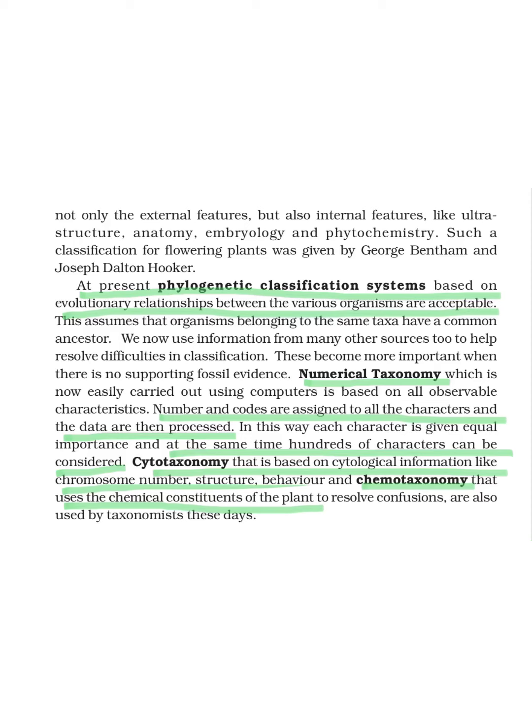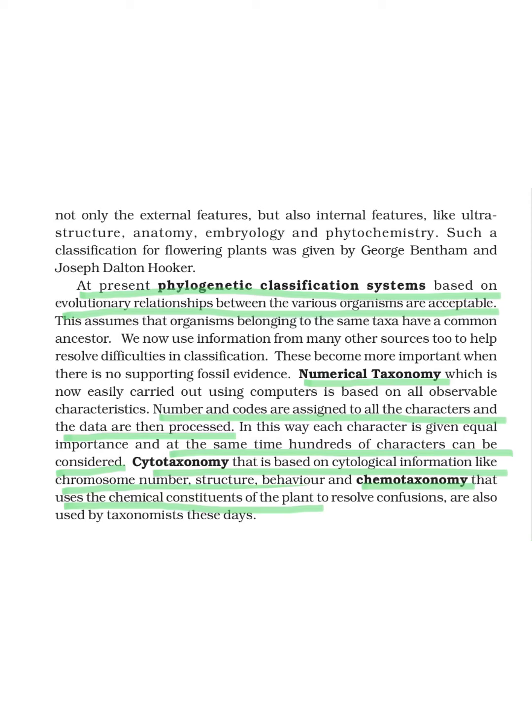This becomes very important when there is no supporting fossil evidence. So where to put which plant is a question. Another method is numerical taxonomy, which is now easily carried out using computers. So now it has become very easy. Here numbers and codes are assigned to all the characters and then the data are processed.